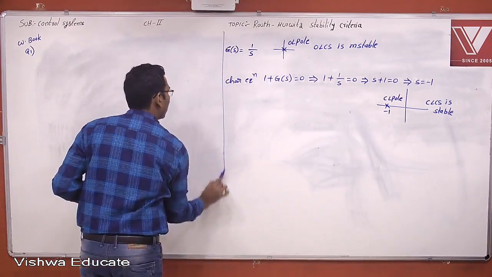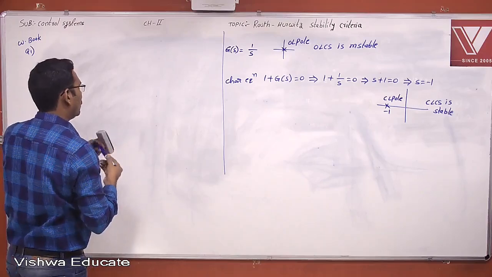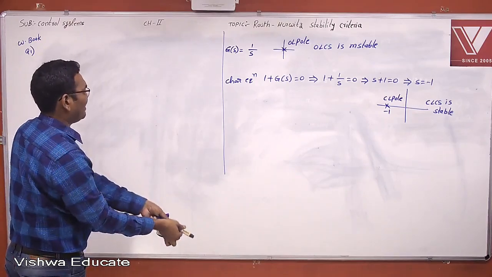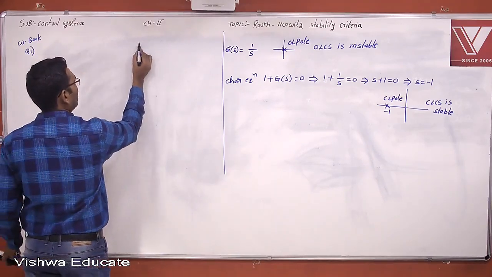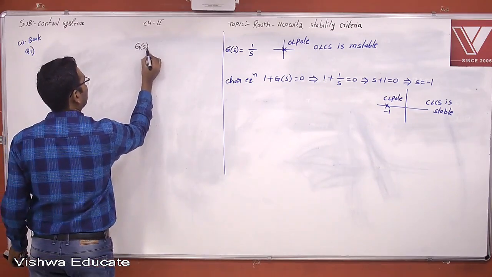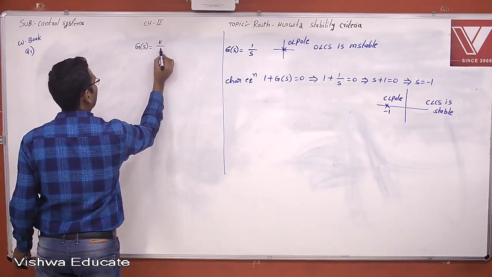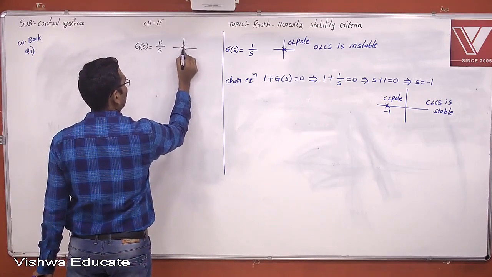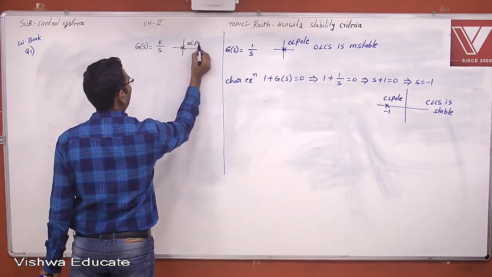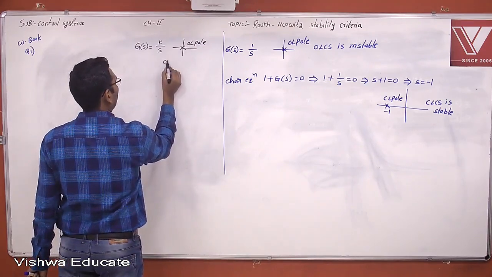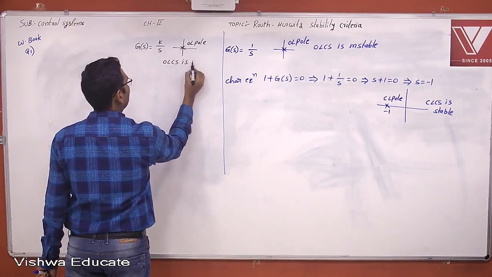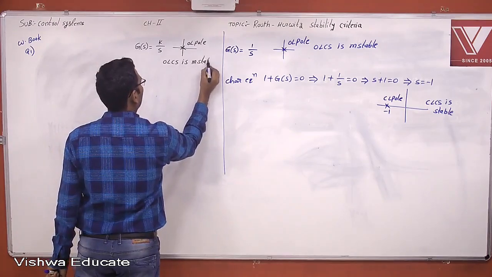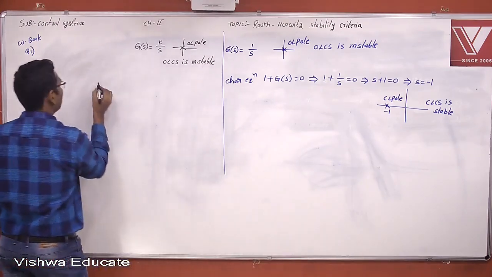Now in this particular question, I just make a small change. See here, same question, G of s equal to k by s. Now where is the open loop pole? Same, without any change. This is the open loop pole, and the open loop control system is marginally stable. Now what about the characteristic equation?